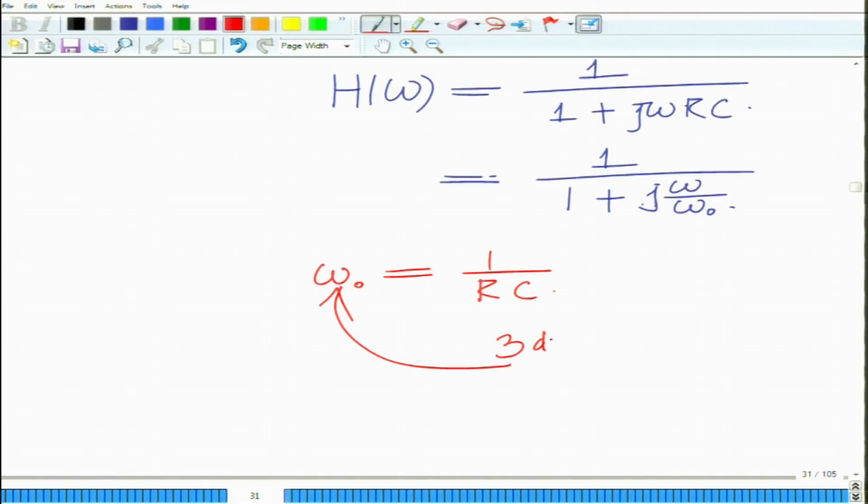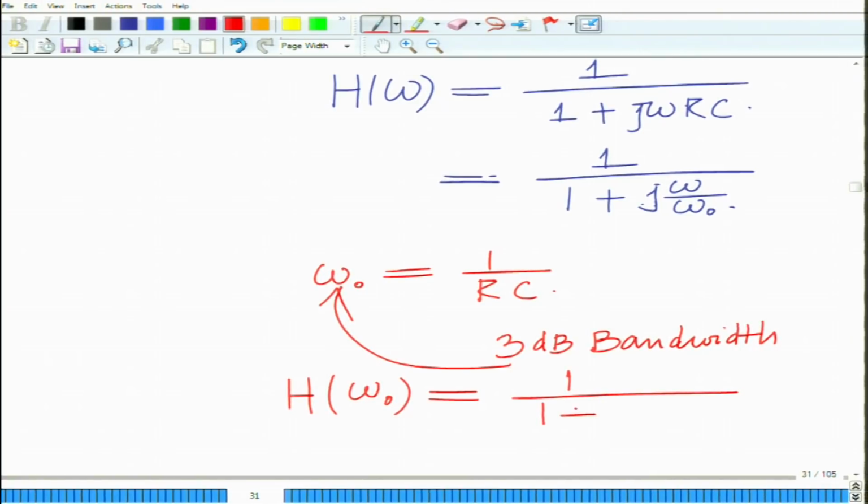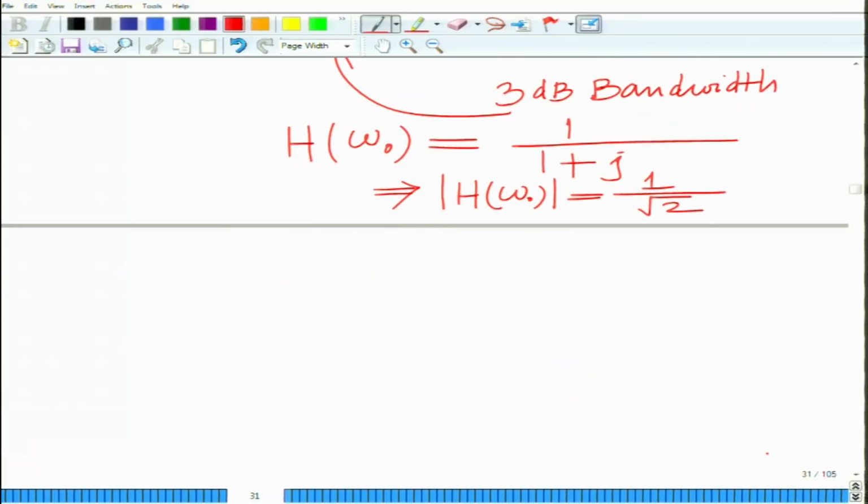Now, you might also remember that this is equal to the 3 dB bandwidth, because H of omega naught, that is the transfer function, is 1 over 1 plus j, which implies the magnitude of H of omega naught is 1 over square root of 2, correct, and therefore the magnitude of H of omega naught squared equals half.